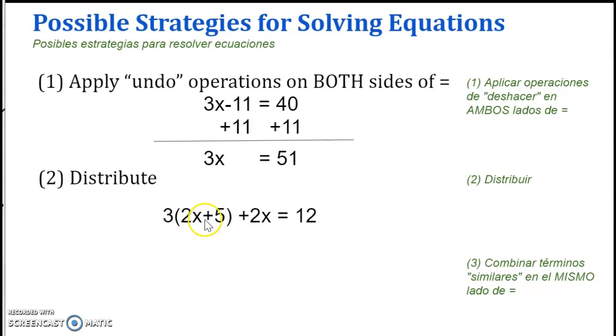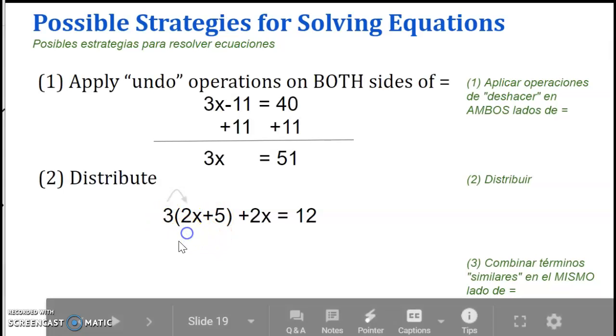And what about distribution? If you have expressions with parentheses, again, the reason you distribute is because you cannot simplify what's inside. So the only way you can get rid of parentheses when a number is being multiplied to a parenthesis is by distributing 3 to 2x and 3 to 5 by multiplication and then adding them together.